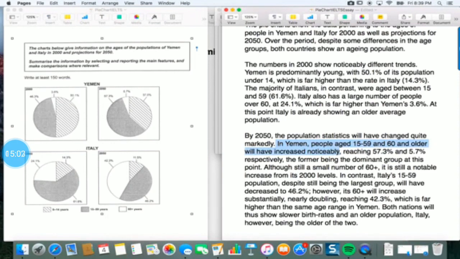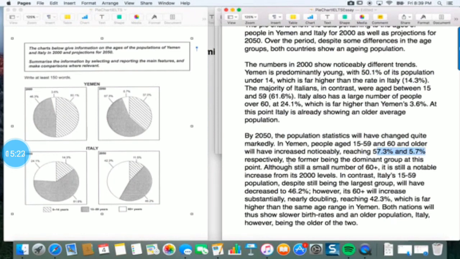So I'm going to that older population, and I say that it's increased noticeably, and then a participle clause, reaching 57.3 and 5.7% respectively. So again, 1, 2, 1, 2, when you're reporting the data.